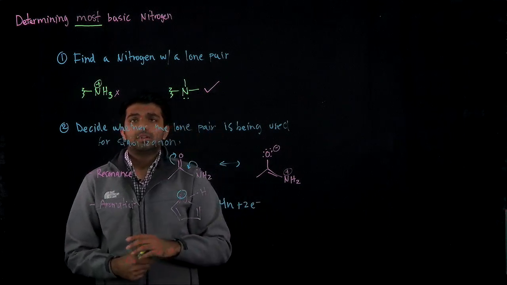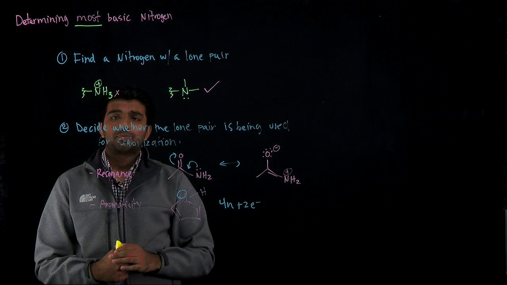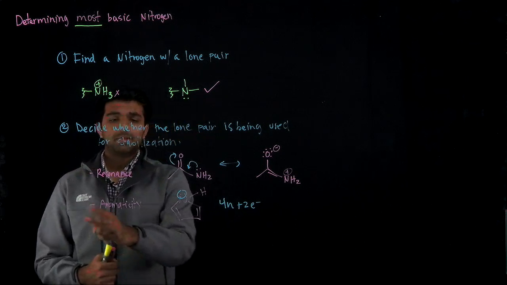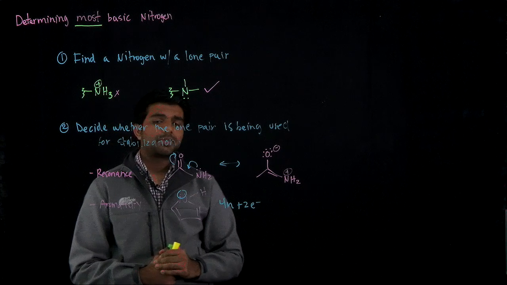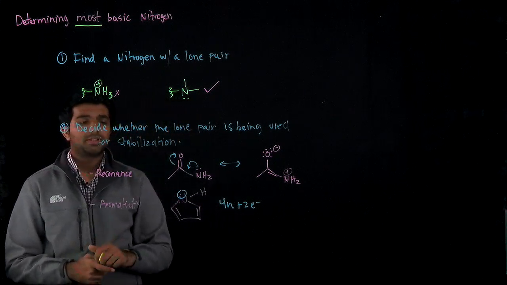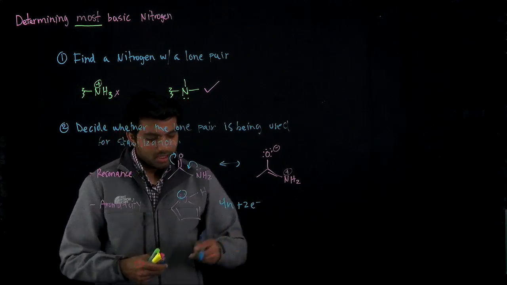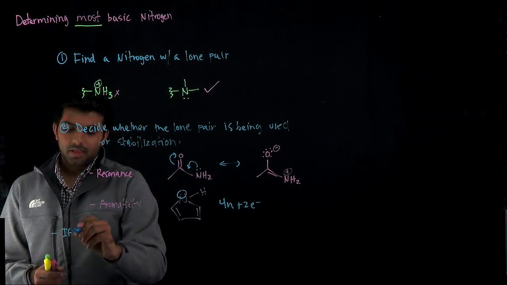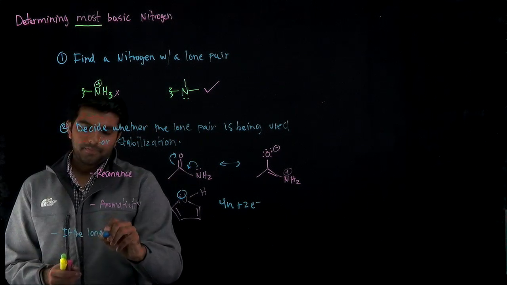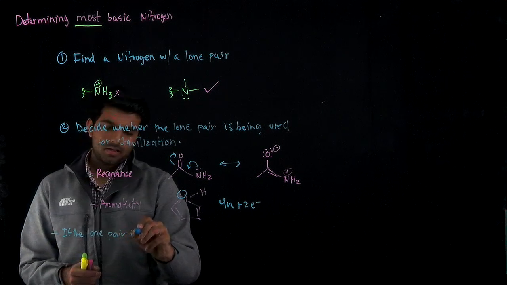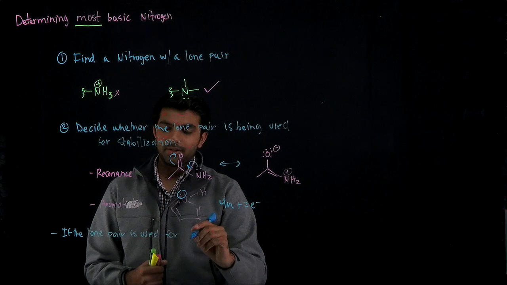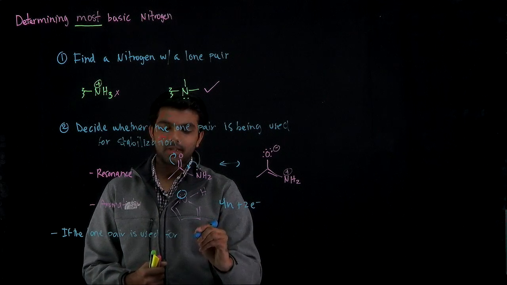And so once we find out if there's a nitrogen present with a lone pair, we decide whether the lone pair is being used for stabilization. The two main ways stabilization is provided is through resonance or aromaticity. And so if the lone pair is being used for stabilization, it won't be able to act as a good base because that lone pair isn't available to pick up a proton or act as a base.